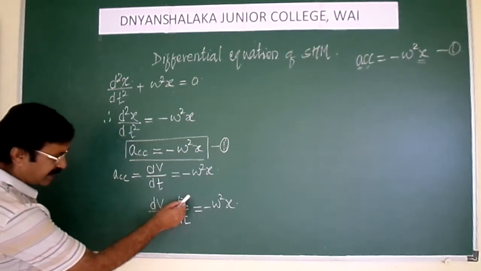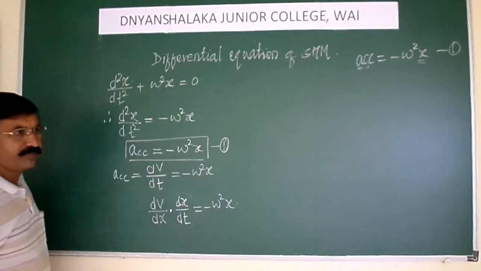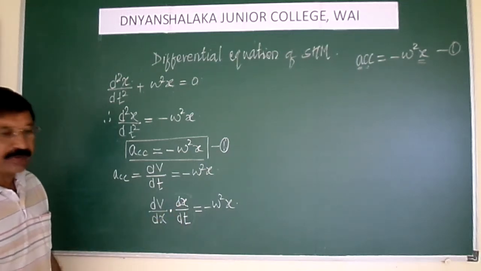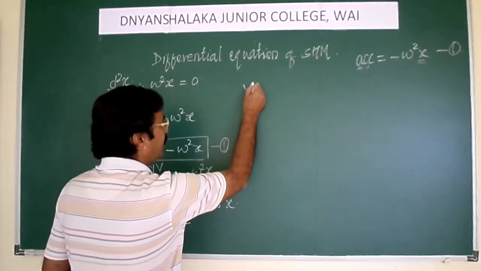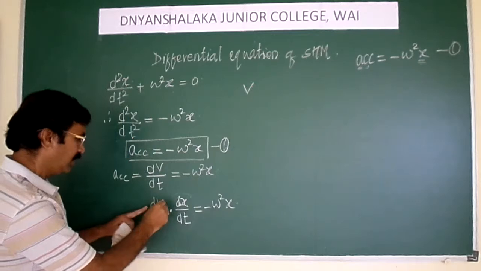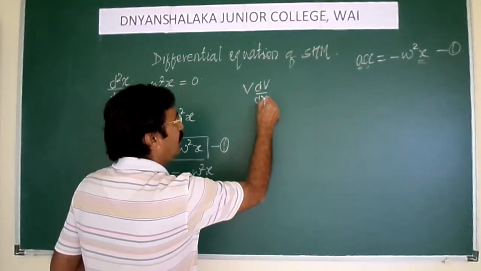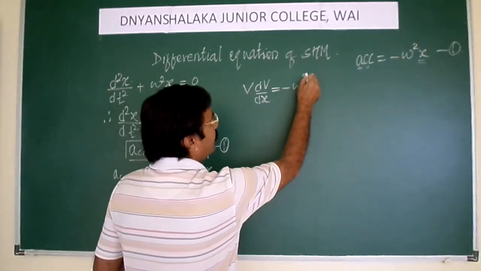But what is dx upon dt? It is the rate of change of displacement with respect to time, which is velocity. So for dx upon dt we can write v, and v into dv upon dx is equal to minus omega square x.